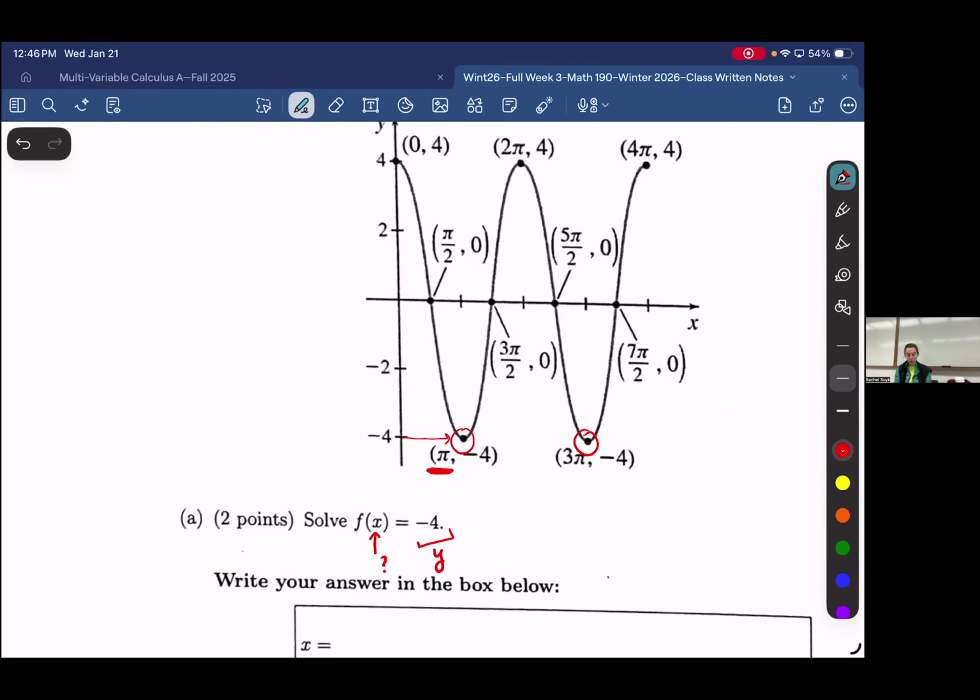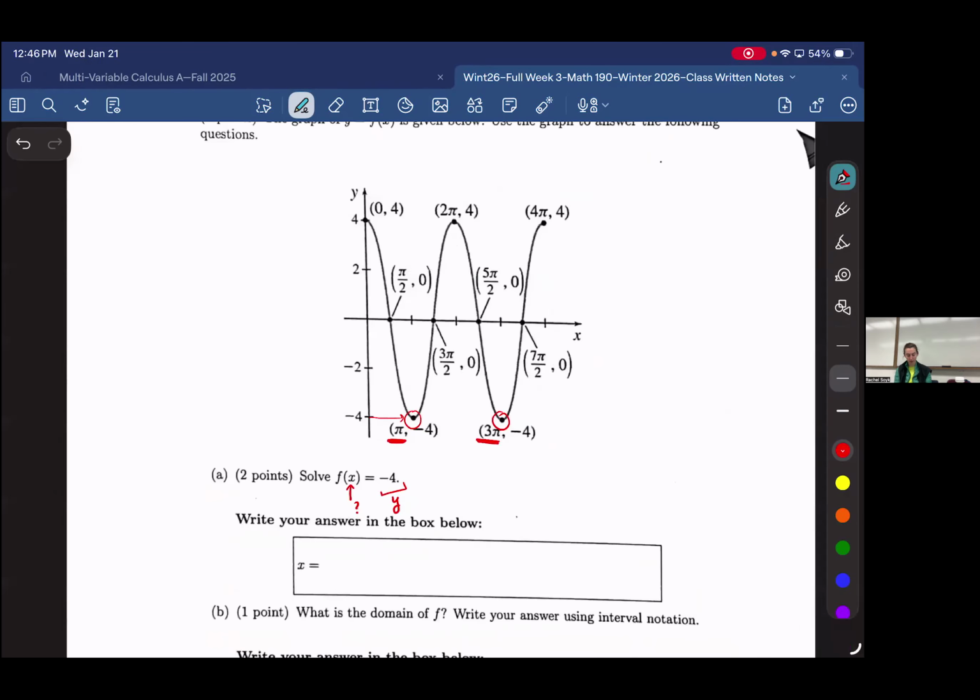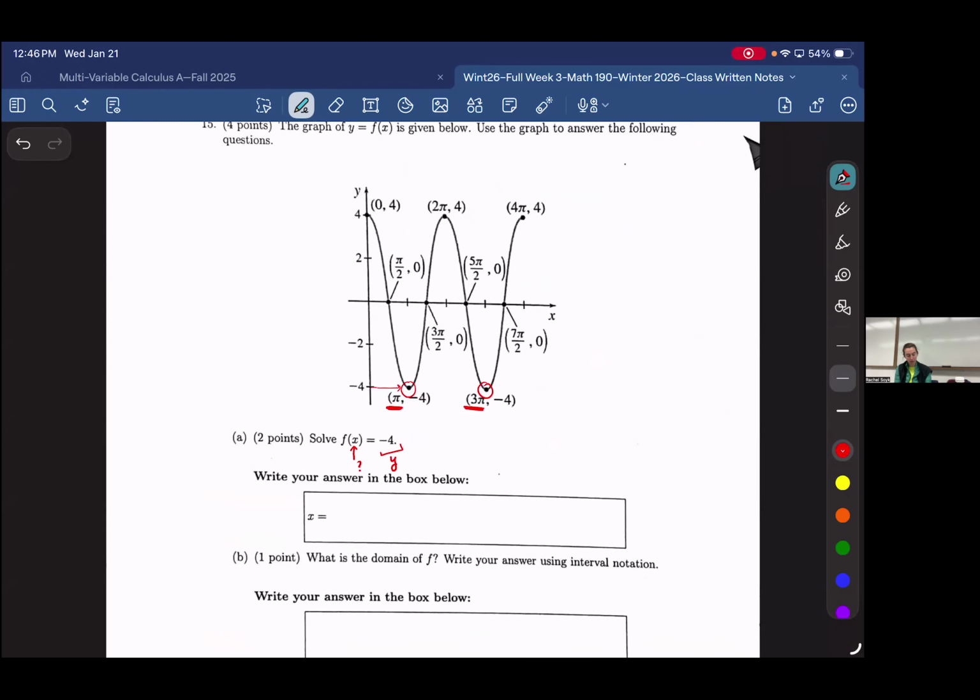So you're just looking at your x values here. Your two solutions are pi and 3 pi, and you can separate it by a comma. So we get pi, comma, 3 pi.